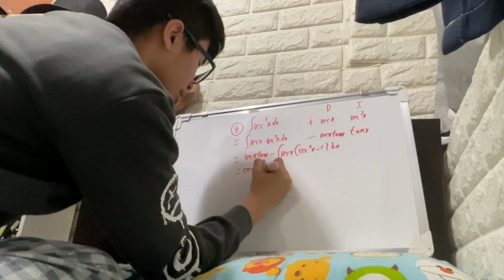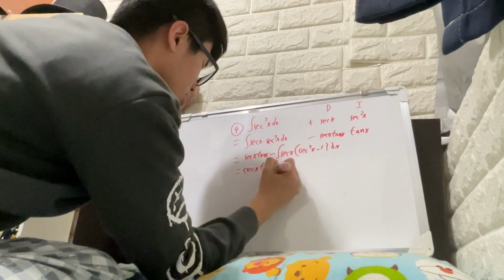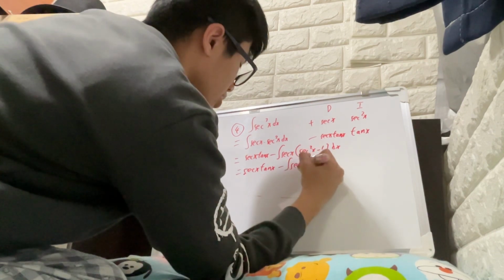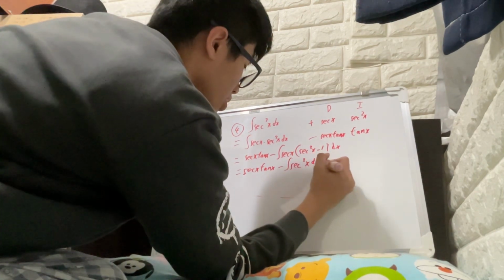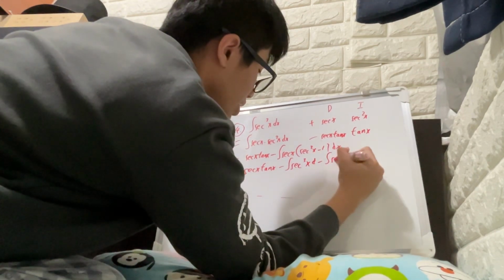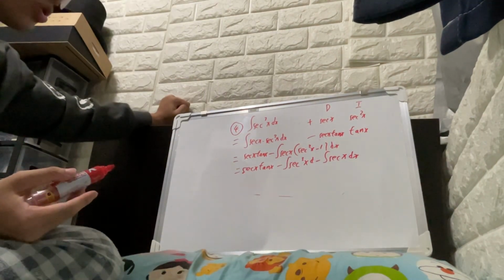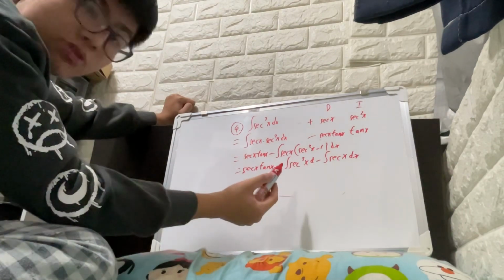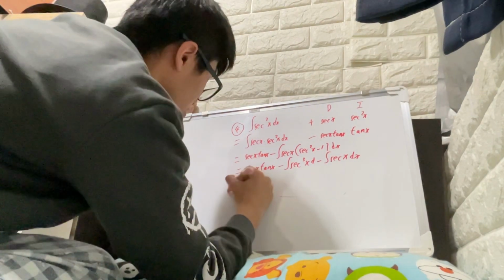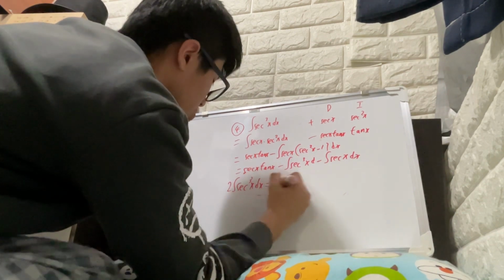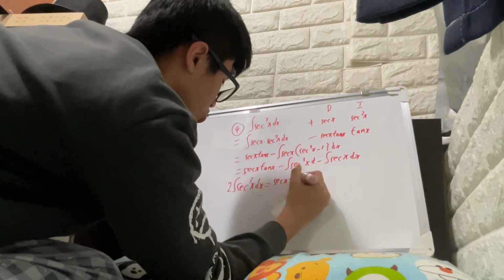So we can split it into two integrals. You get secant x tangent x, and then minus the integral of secant to the power of 3 dx, minus the integral of secant x dx. Here, you see it repeats, so you can move it to the left hand side. So 2 times the integral of secant to the power of 3 x dx is equal to secant x tangent x.